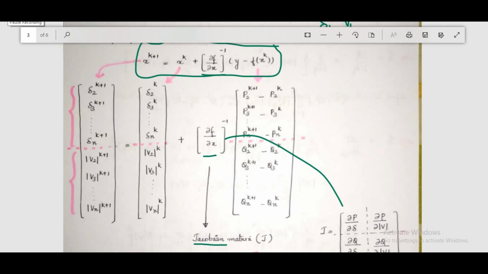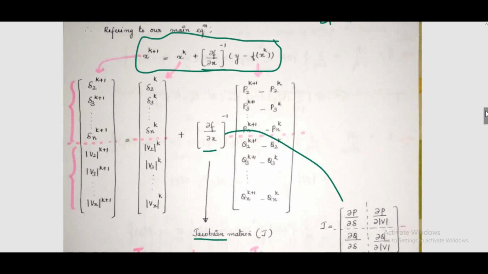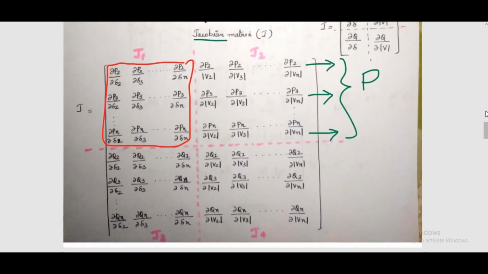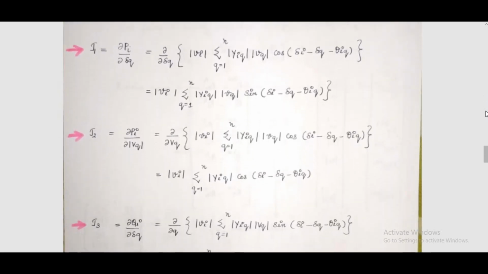Now with this equation, we are moving further. That is, we are going to solve our first element, Jacobian J1. What was J1? It was dou P by dou delta. So I means any arbitrary bus, and Q can be any arbitrary bus.